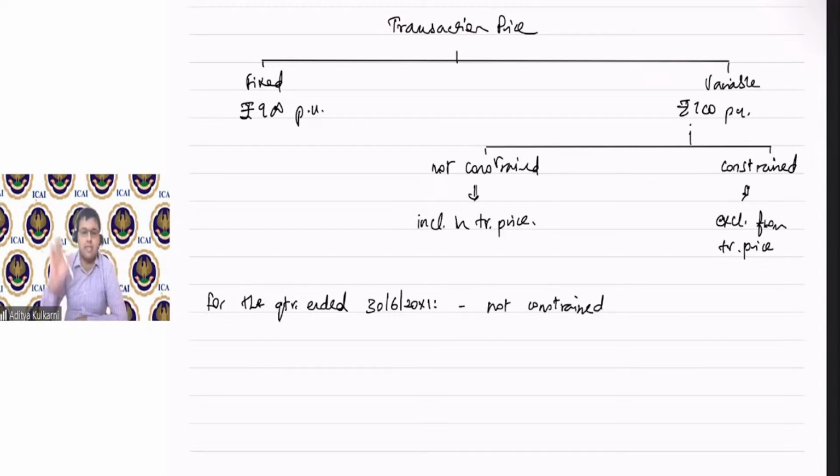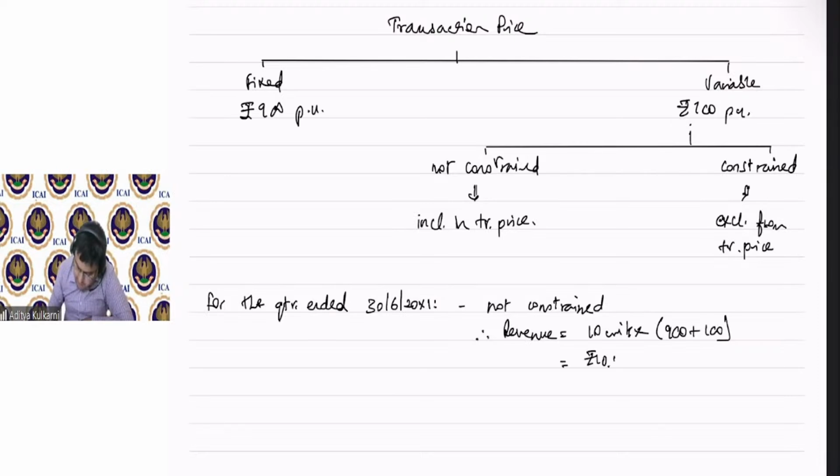So the variable consideration is not subject to constraints. Therefore revenue is equal to 10 units into 900 plus 100. So that becomes 10,000. All right.